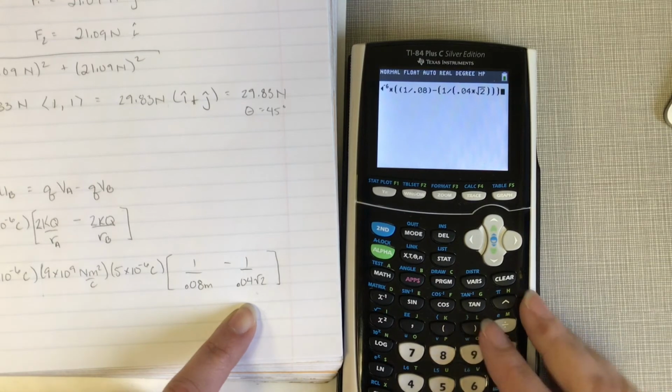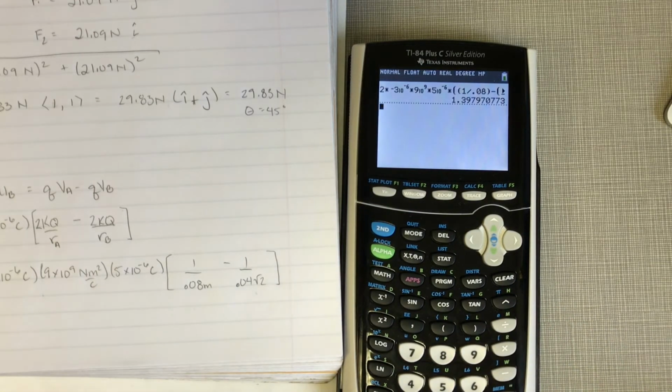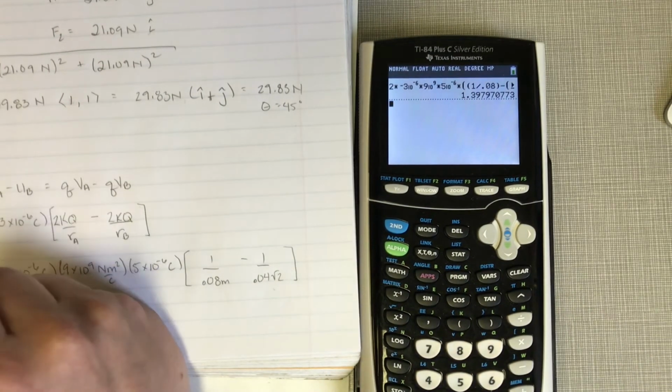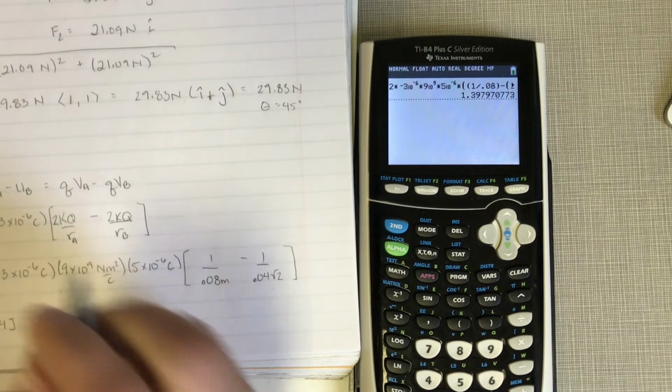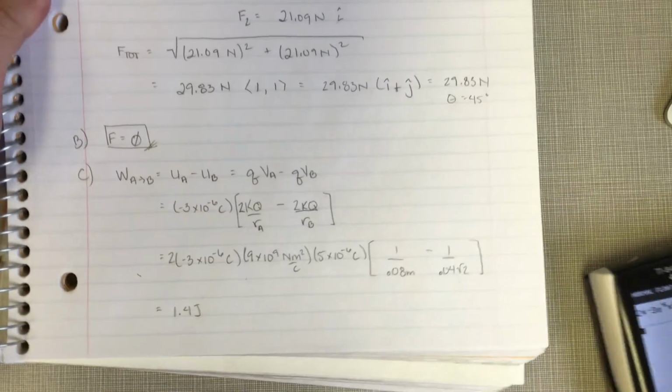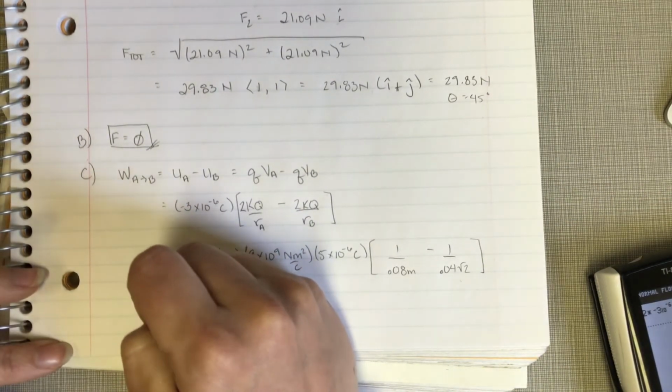Parentheses. Okay, so my work done is 1.4 joules. That is a positive number.